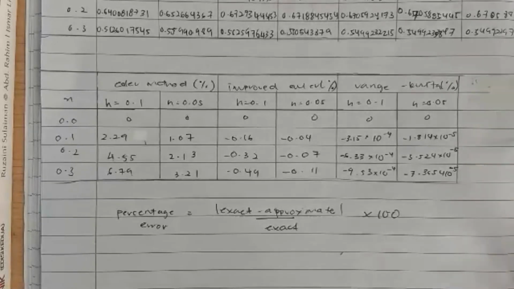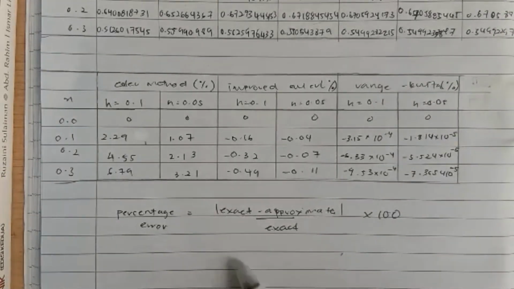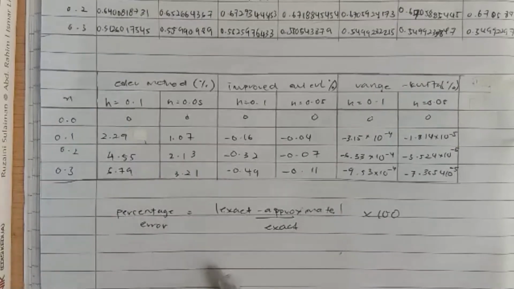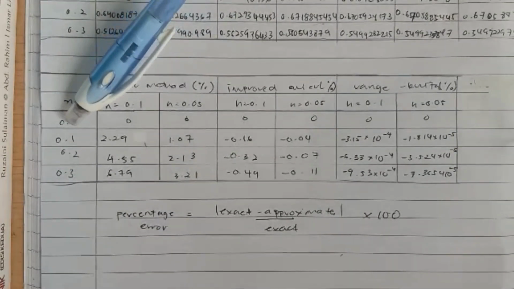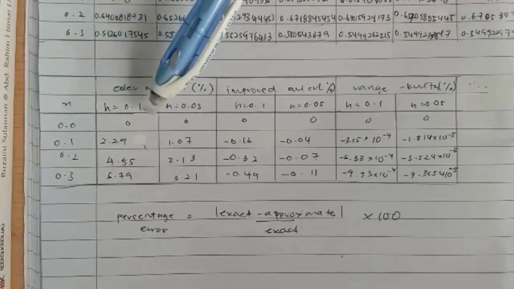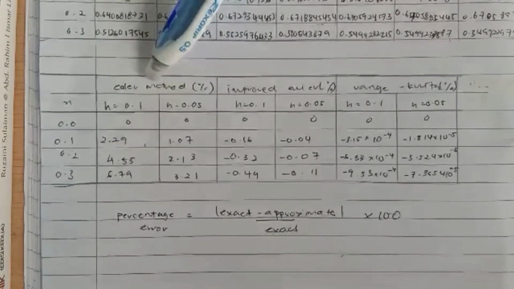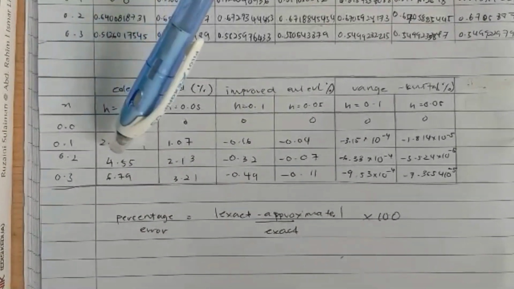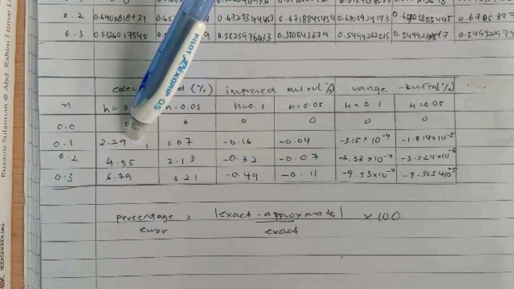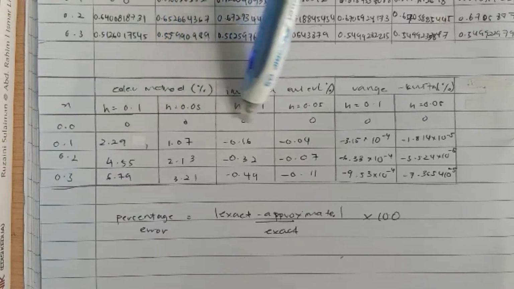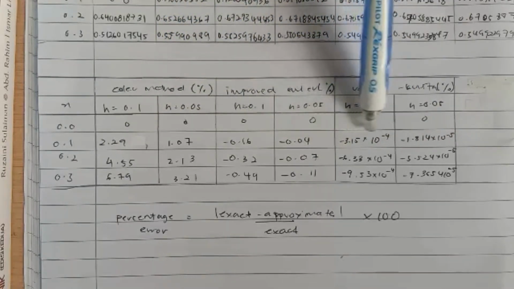Now moving on to the percentage of error that has been calculated with this formula. For the Euler method, with x equal to 0.1 and h equal to 0.1, we can see that the percentage of error is equal to 2.29. So it's quite big compared to all other percentages of error in the other methods.